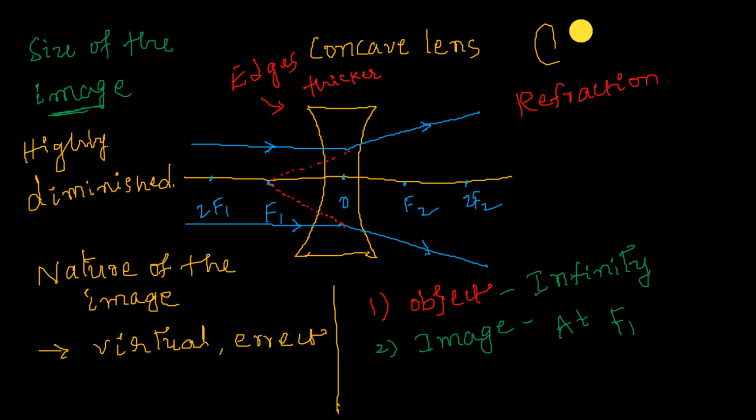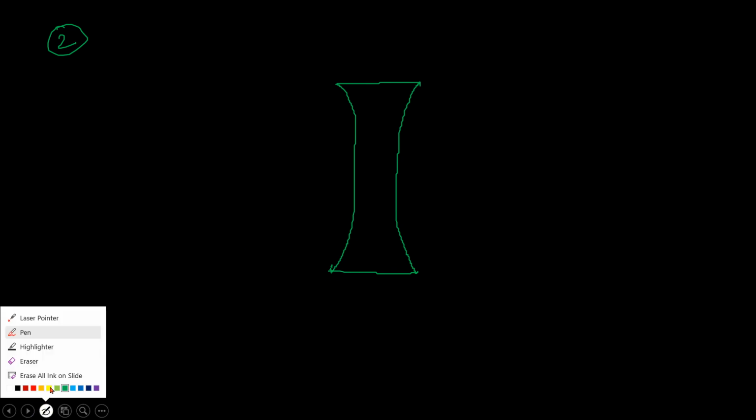So this is the first image formation. Coming to the second image formation, I am taking the same concave lens. How to draw the concave lens? You can draw an upper line and a lower line, like this, at a certain distance.